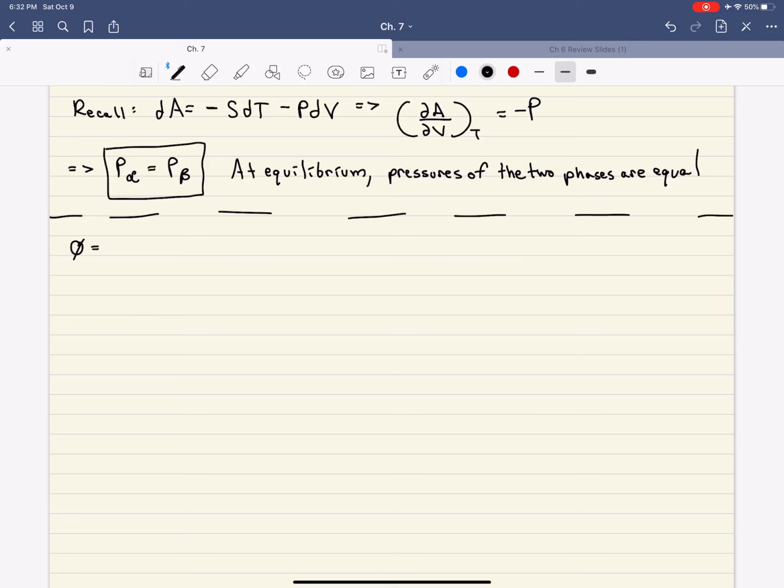And so, if we minimize A by N alpha, so that this partial derivative is equal to 0, we then need to write out the partial derivatives for each of the A's for the alpha and beta phases.